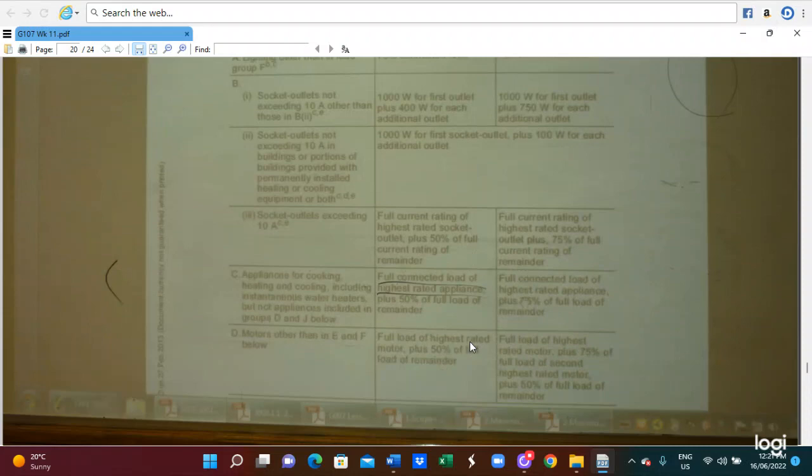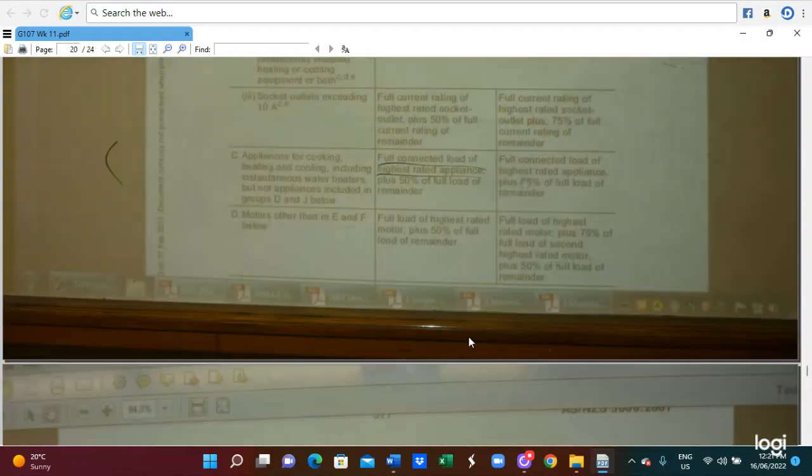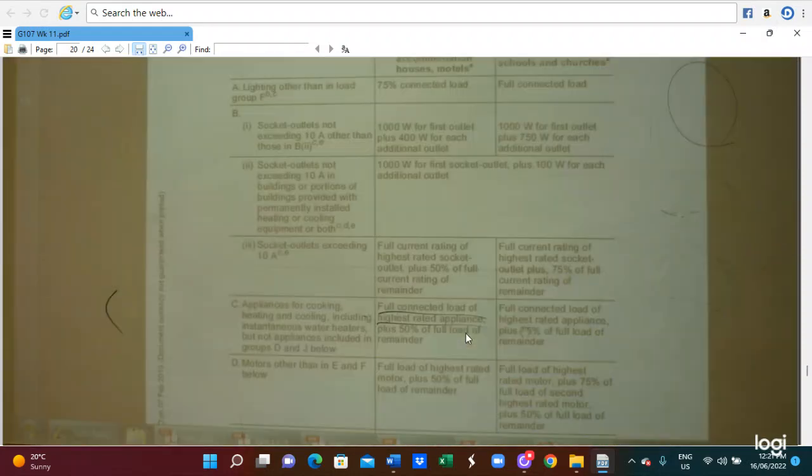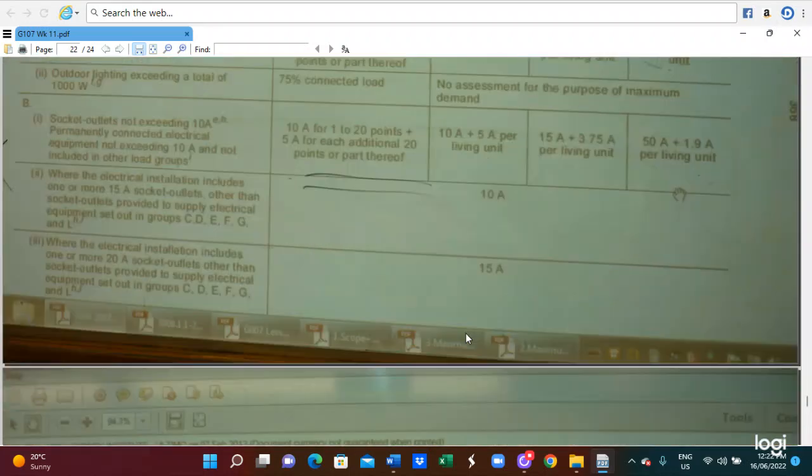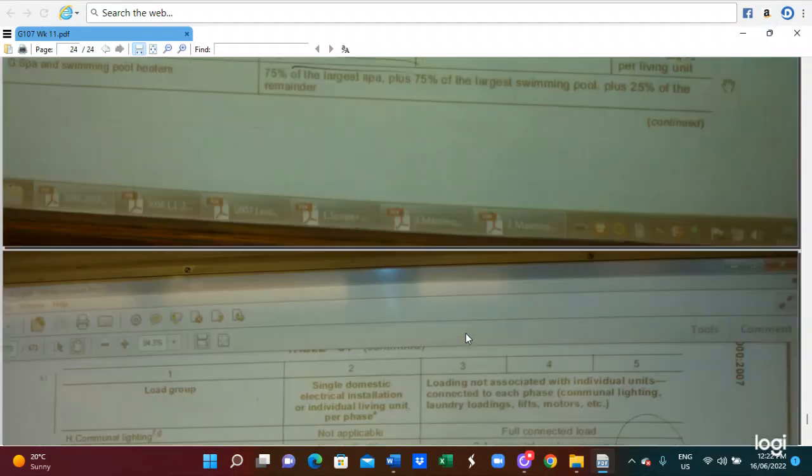So those are the reference tables. Now we also calculate for the communal load. This is the reference table that we utilize to calculate.